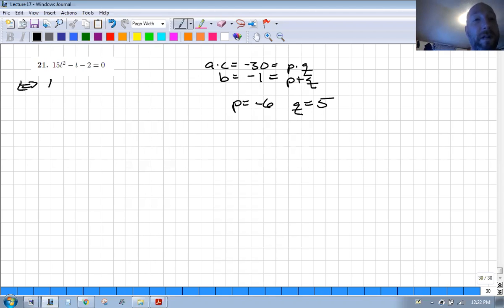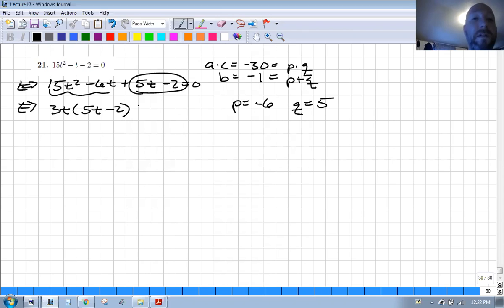So let's rewrite negative t as a negative 6t plus 5t. Out of here, we'll pull out a 3t. That gives us 5t minus 2. And this is 1 times 5t minus 2.